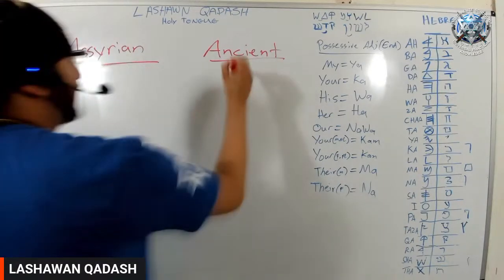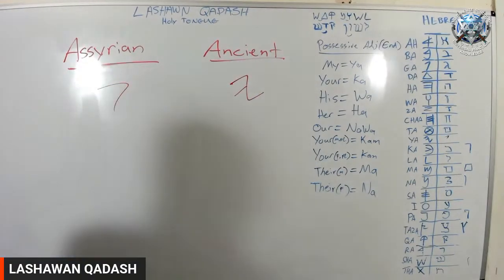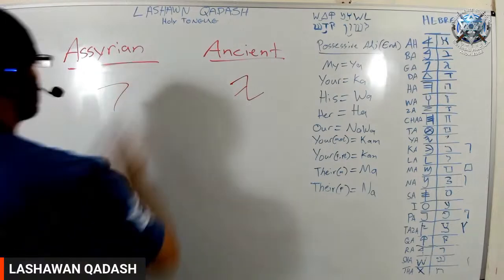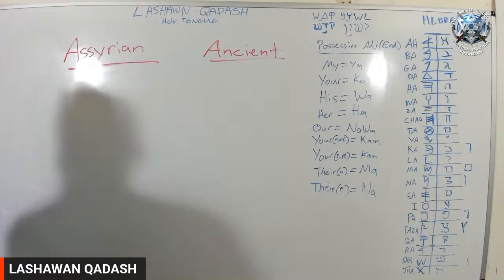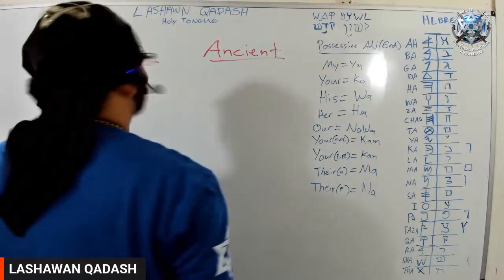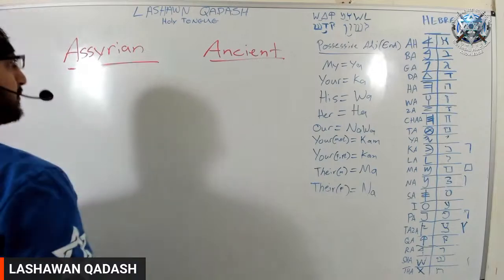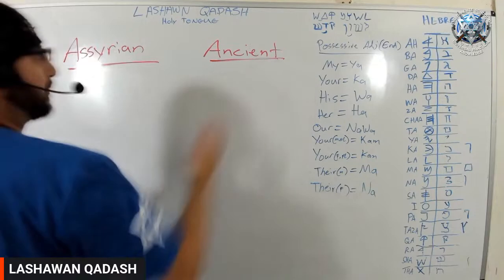In the ancient it looks like this, and then in the Assyrian it looks like this. We did Qua already.